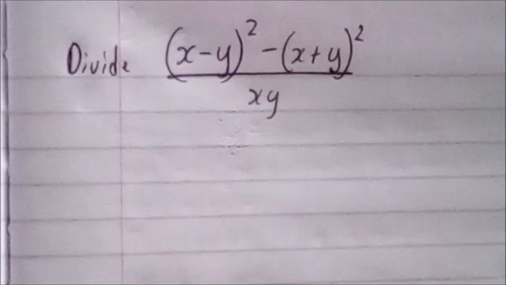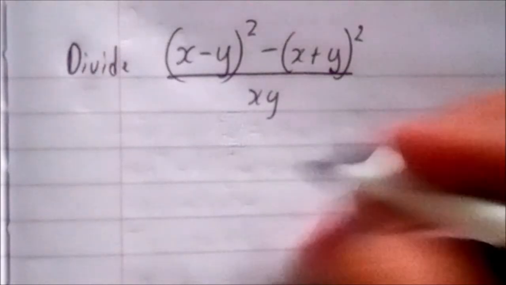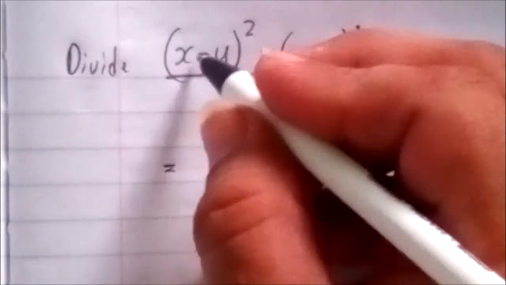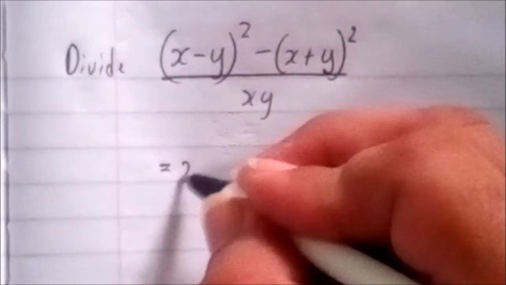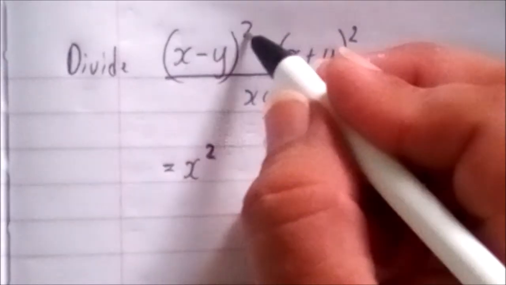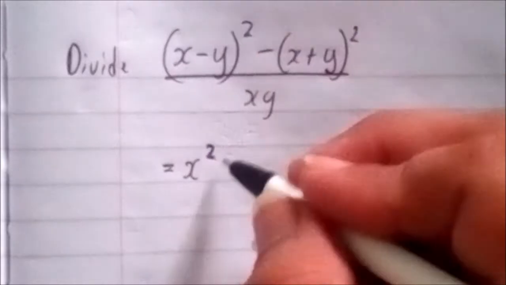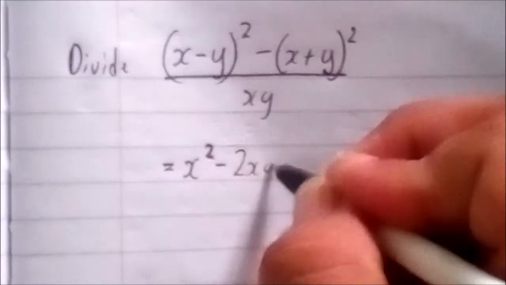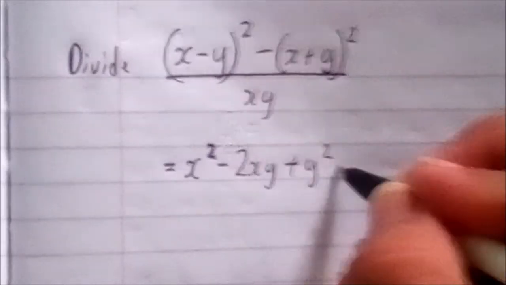That's the rule. Okay, so let's expand out the top piece. Well, we already know what to do here. We square the first term, x squared, and then we say 2 times the product of the two terms, which gives me negative 2xy, and then square the second term, plus y squared.